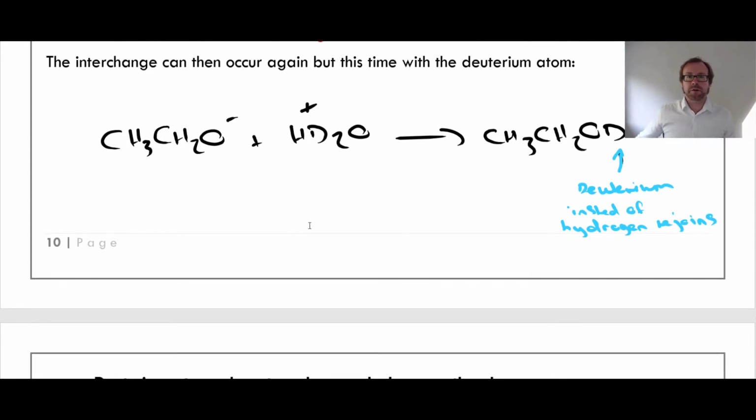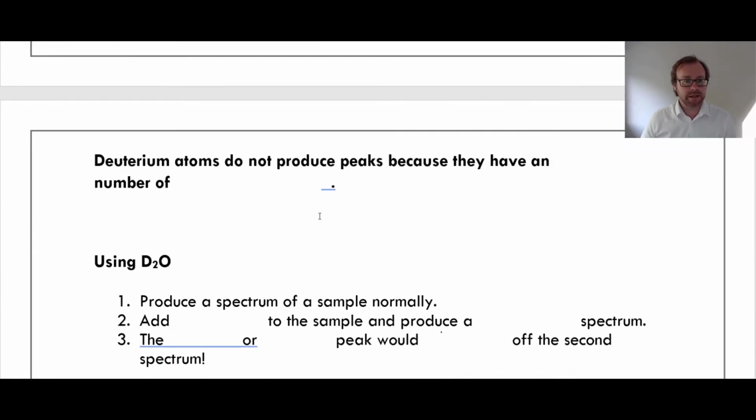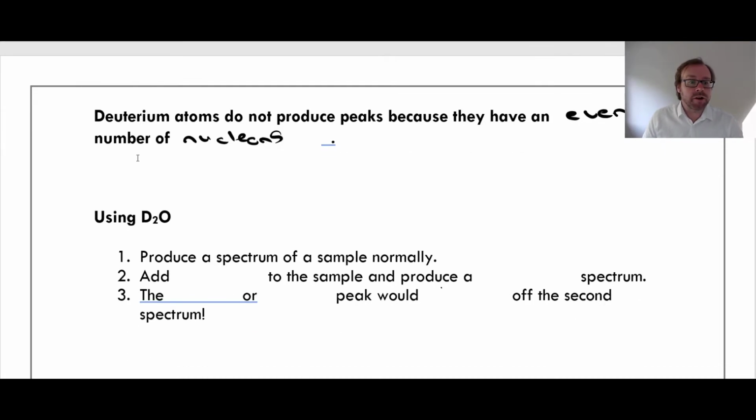All I've done is taken one H atom out and put one deuterium atom in. Deuterium atoms do not produce peaks because they have an even number of nucleons. This is a very simplified explanation, but it will do. Really you need to know how to use it.